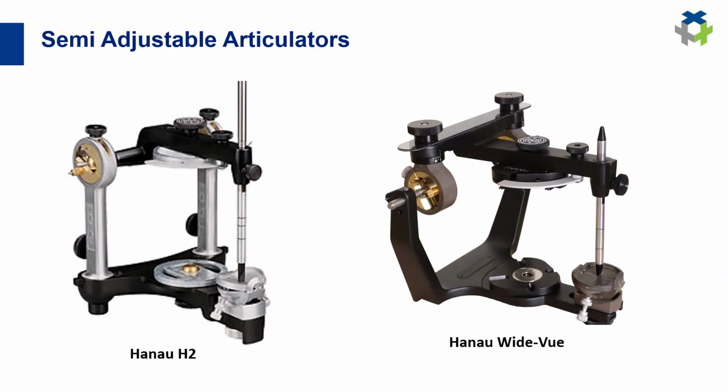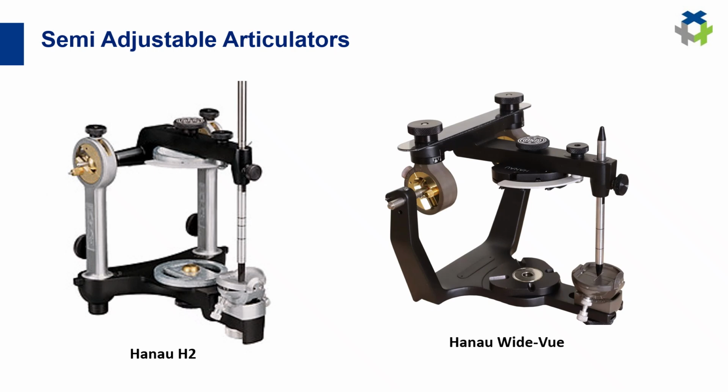The more common ones are the Hanau H2 and the Hanau Wide-Vue, and they are much more adjustable compared to the non-adjustable or average value articulators. This means that these articulators have a programmable or modifiable horizontal condylar guidance.